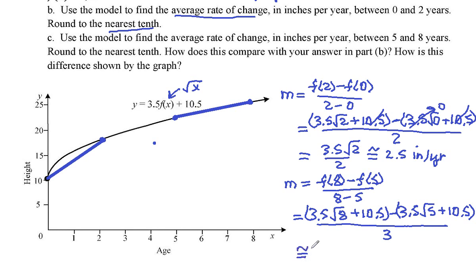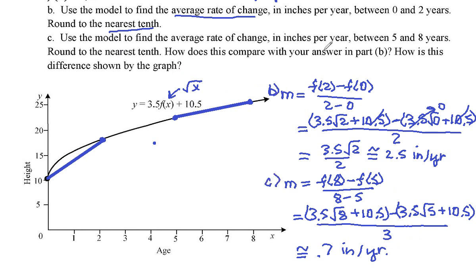And I did that one on the calculator, and I got approximately 0.7 inches per year. And so that's part C. So this is actually part B, and this is part C.